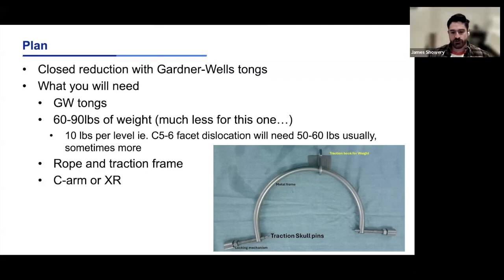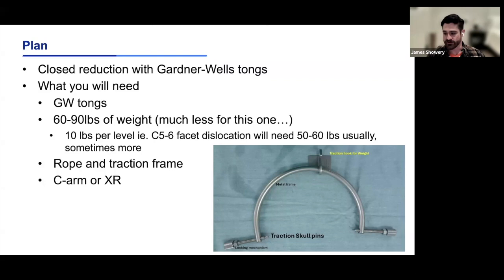No, that's a very good question. Usually that's just a sandbag at the side of the head, but traction, because of the function of the ligamentotaxis that occurs, there are still some intact ligaments, and usually a small amount of traction can be enough to hold the spine in a relatively reduced or non-subluxed position. You've got to be really careful depending on how much instability there is, and it's really important, if you're doing traction for something like that where you're worried about a lot of ligamentous instability, to take X-rays as you're doing it.